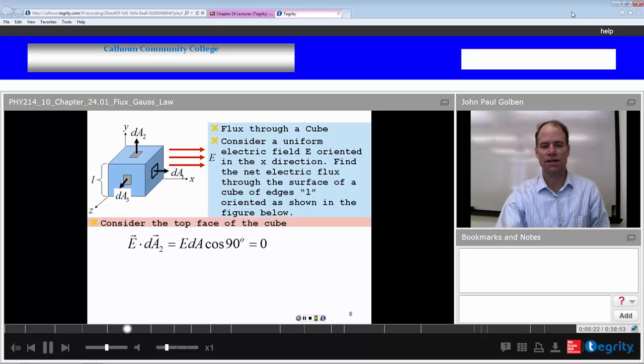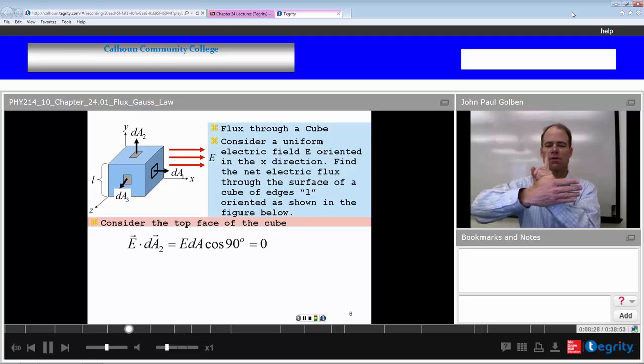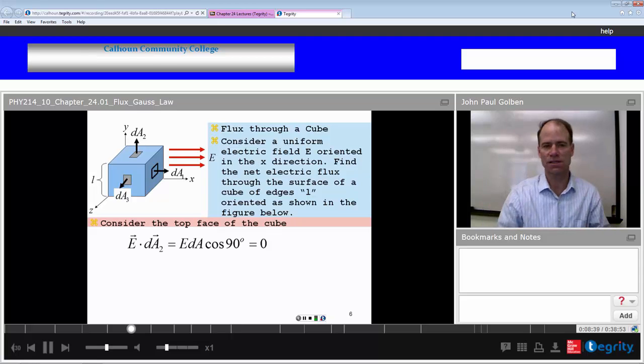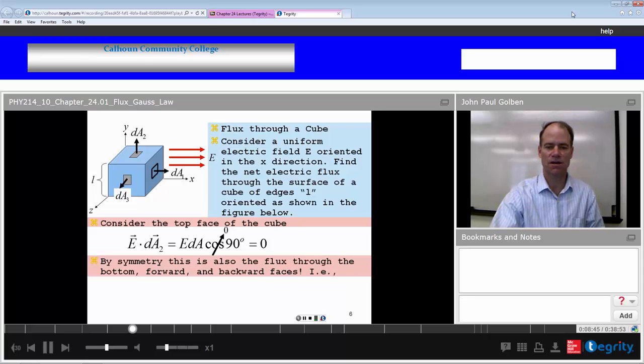If we calculate that, the area vector at the top face is pointing up like this. The E field is going in the positive x direction. There's an angle of 90 degrees between those two vectors, and the cosine of 90 is 0. So there is no flux going through that top face. That's what we would conclude mathematically, just like our intuition told us.